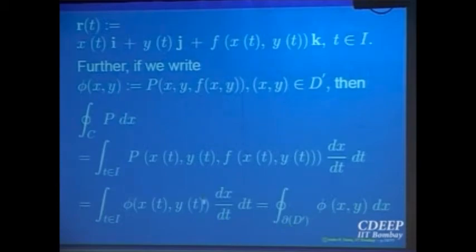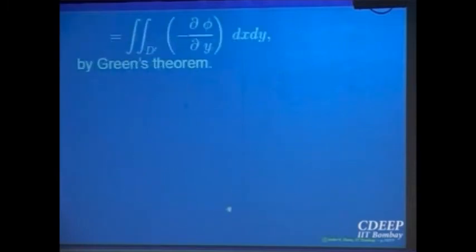That gives you that this is equal to the double integral over that region D prime enclosed by that curve in the projection. Only one function is there, so the partial derivative of phi with respect to y is phi_y only. The second component is not there. So only a minus sign is coming, only one term coming.